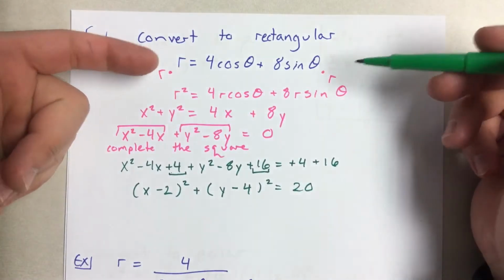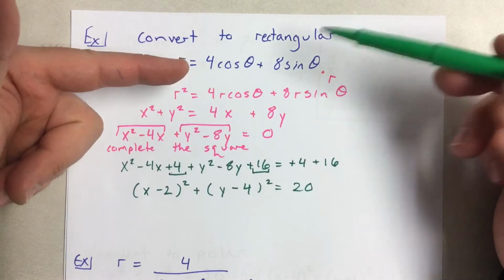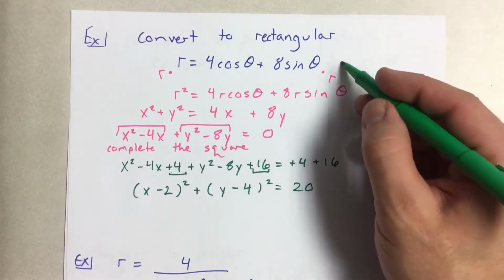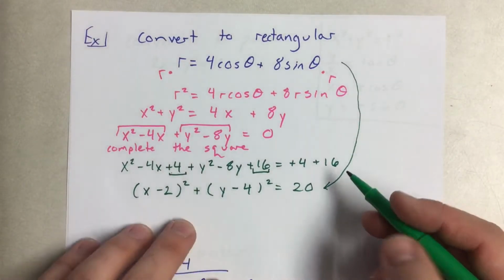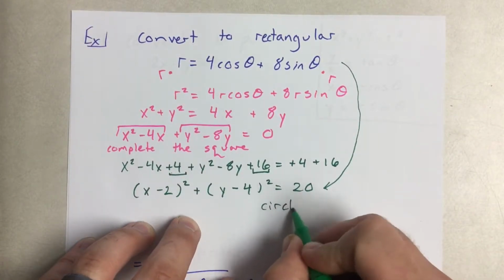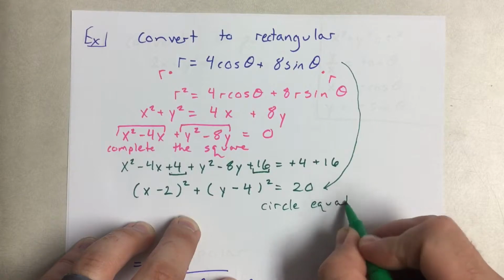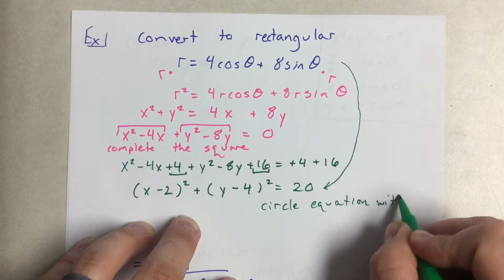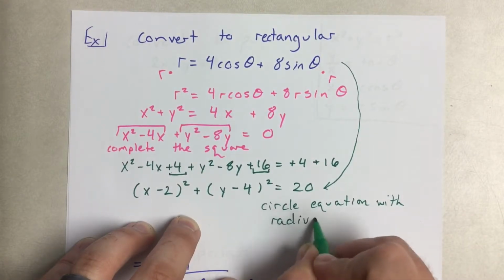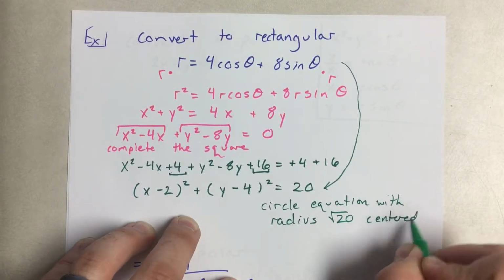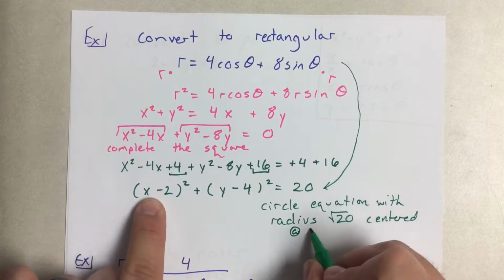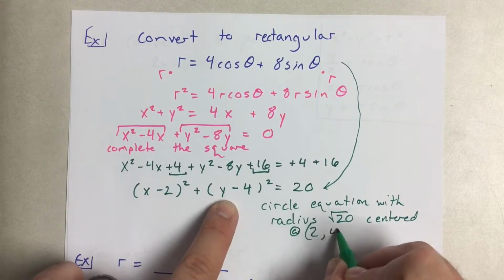But you can see now what r equals 4 cosine plus 8 sine, what we get. So by multiplying both sides by r, we get a circle equation with radius square root of 20 centered at positive 2, positive 4.